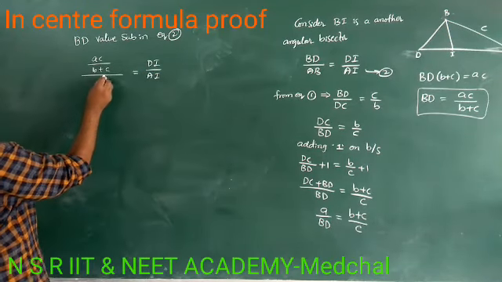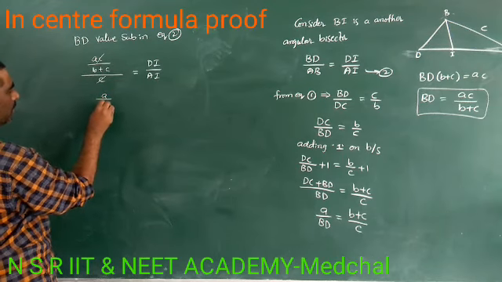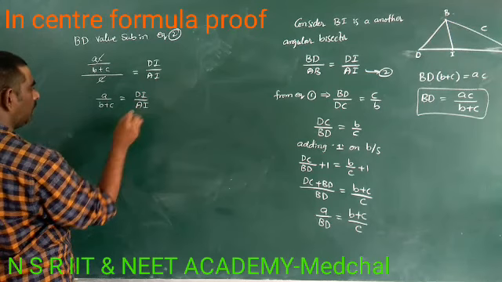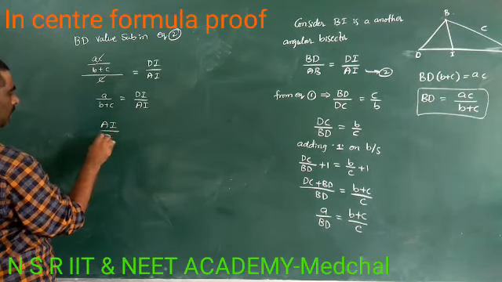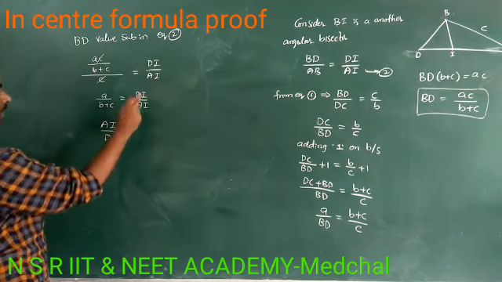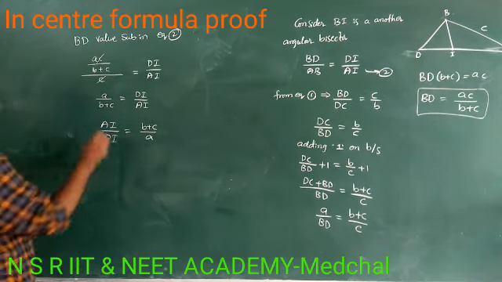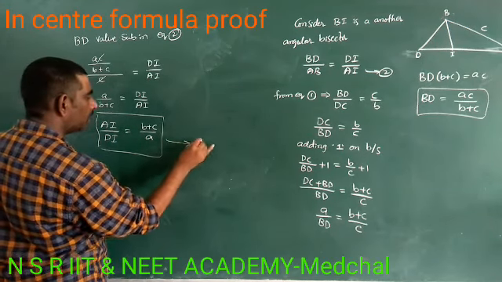So C and C get cancelled. We get A by B plus C is equal to DI by AI. Write in reverse: AI by DI equal to B plus C by A. Let us take it as equation number 3.